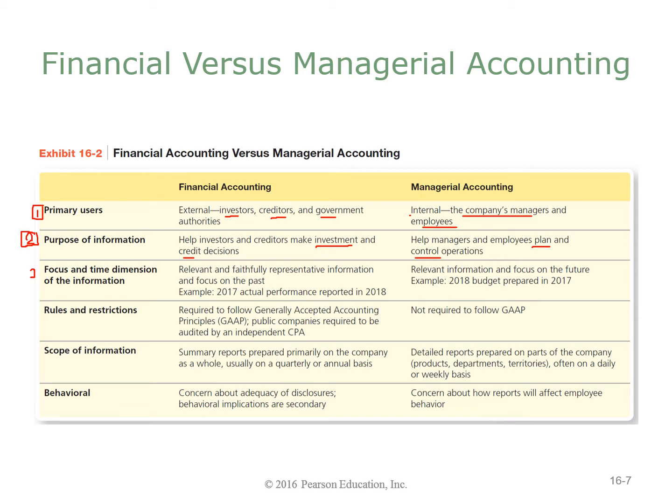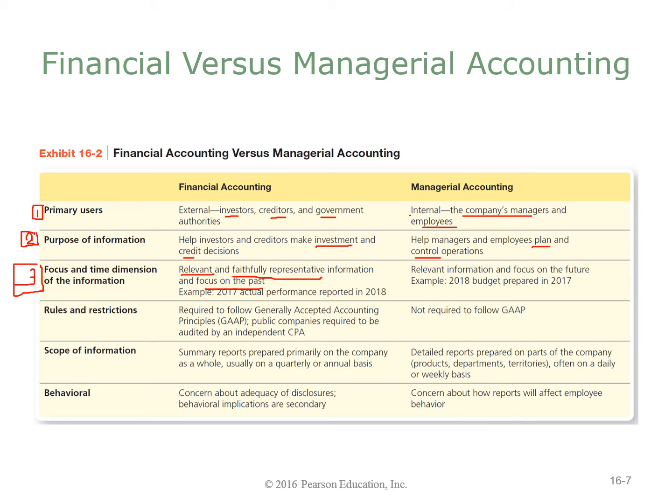Number 3: what is the focus and the time dimension of the information? Usually financial accounting provides information that is relevant and faithfully representative, and it focuses on the past, because we are preparing the financial statements for the year that has just ended.